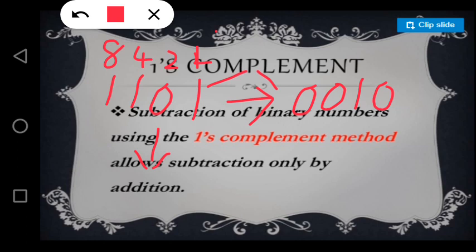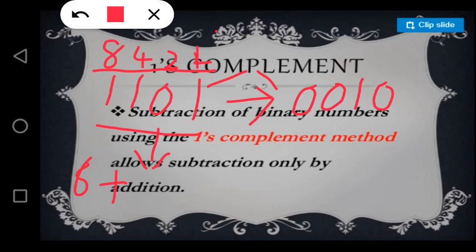2 power 0 means 1, 2 power 1 means 2, 2 power 2 means 4, similarly 2 power 3 means 8. So 8421, remember this, is called a weighted code, and we will discuss it in detail when we discuss the codes of a number or alphanumeric data, which is an important topic. Below 8 we have 1, so I take 8.